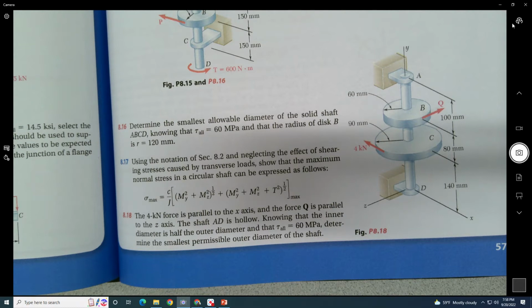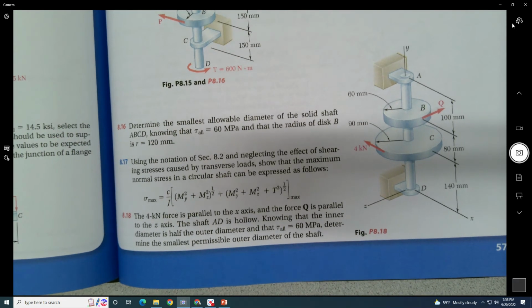And so we have a 4 kilonewton force that's on one of the gears, or pulleys, or some type of friction disc. Because if it's a gear, it should have forces in 2 different directions, because gear teeth, by their nature, have the total force coming in at a bit of an angle because of the shape of the gear teeth.